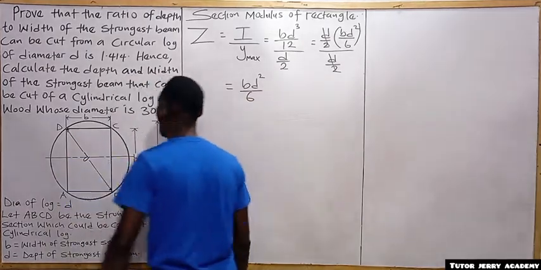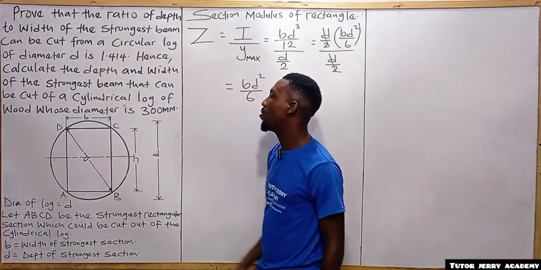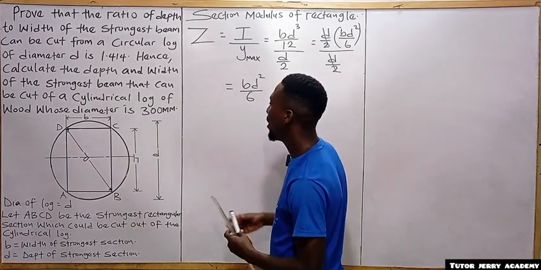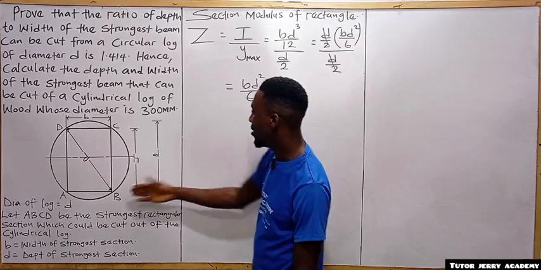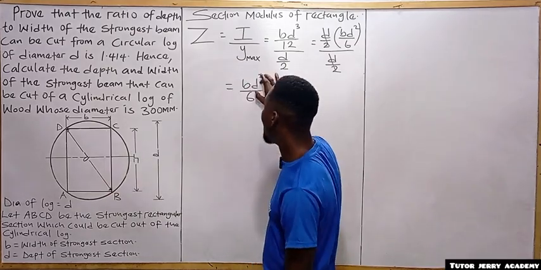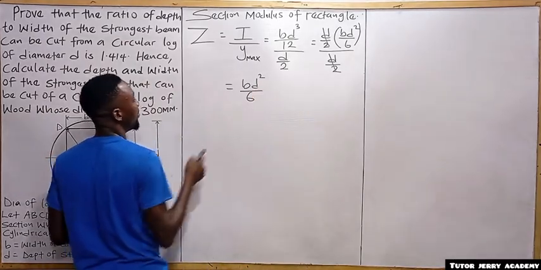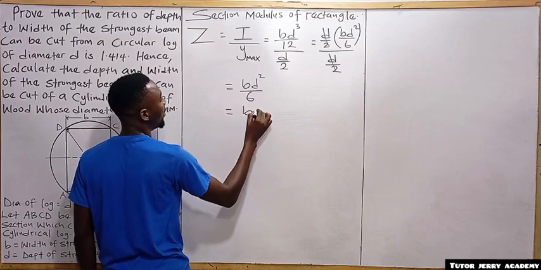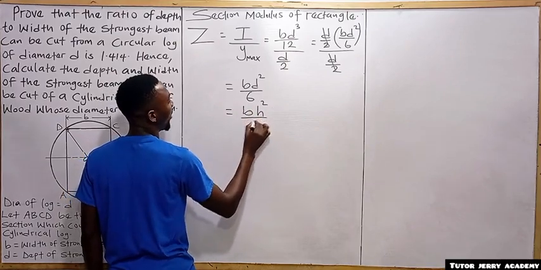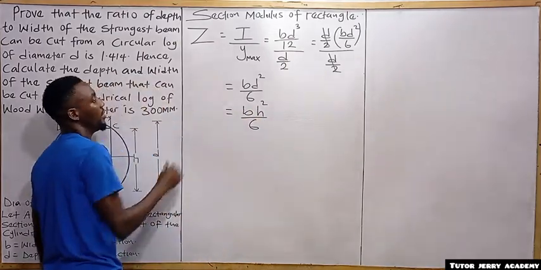But if you consider this rectangular section, the base is b and the depth is h, so we replace the depth with h. So this is bh squared over 6. I hope we understand this.